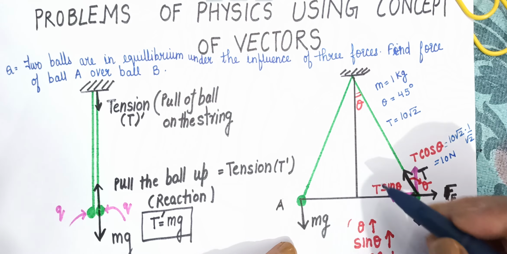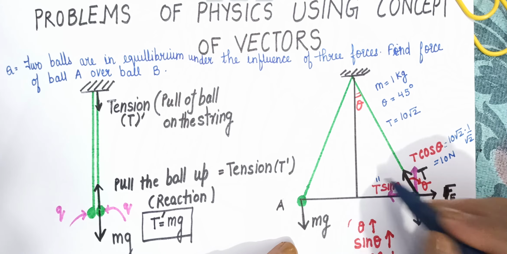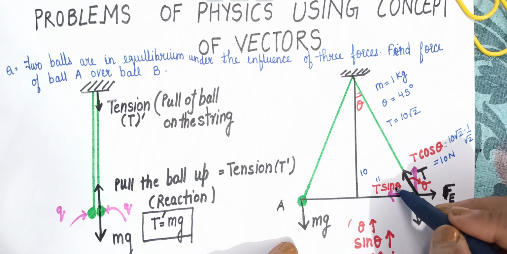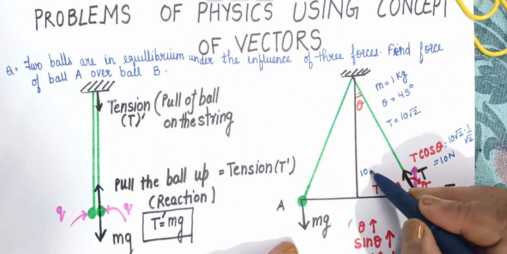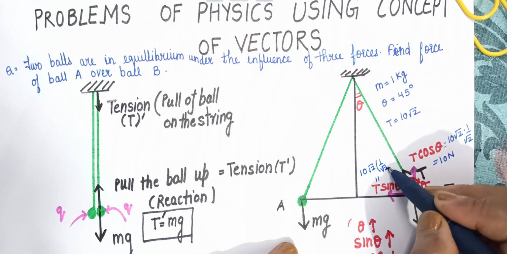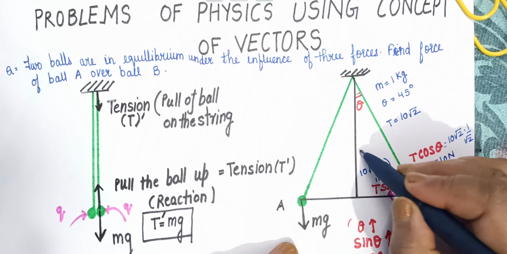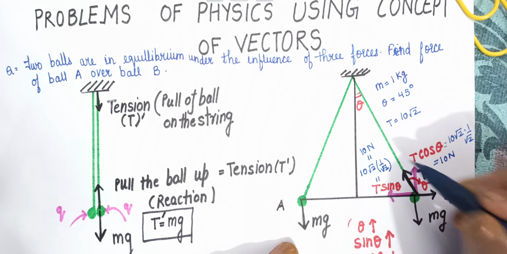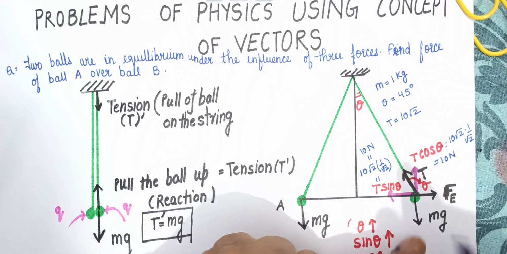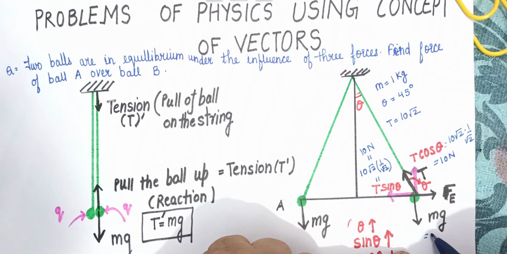T sin theta means 10 again, because 10 root 2 times sin 45, and sin 45 means 1 upon root 2. So that again will come 10 Newton. And m is 1 kg, so mg will be 1 into gravitational acceleration g, that is 10 Newton.